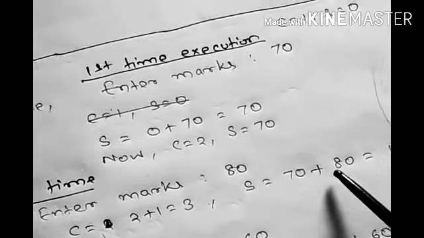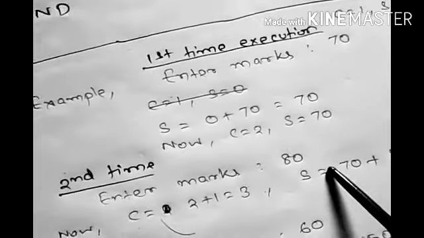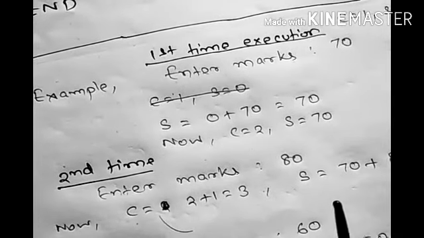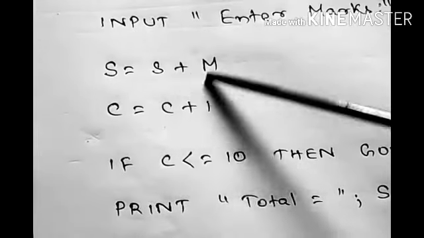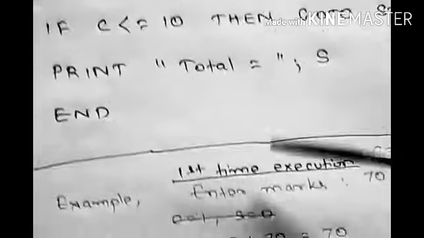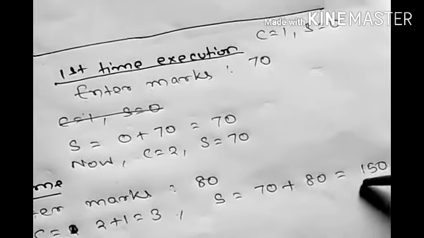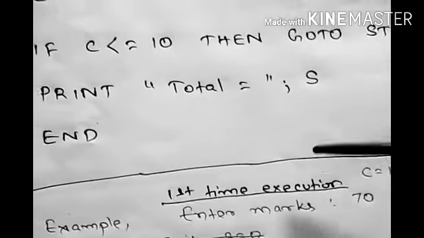So 70 plus 80 is 150. So after completing this line, it will come here. That means S has now stored 150 within it. That means our second operation has been completed.